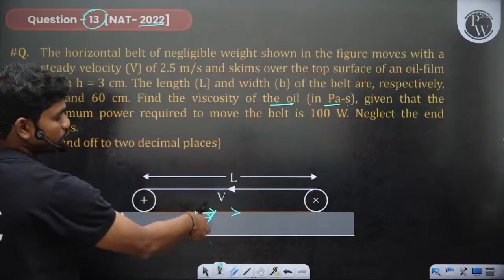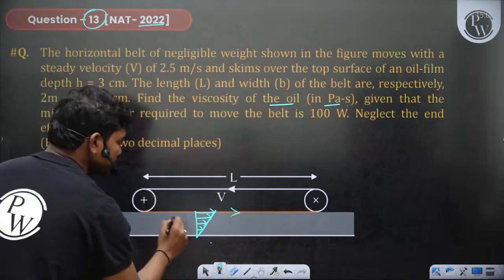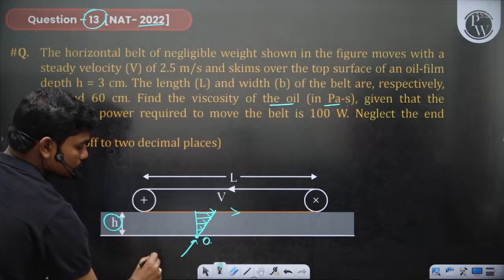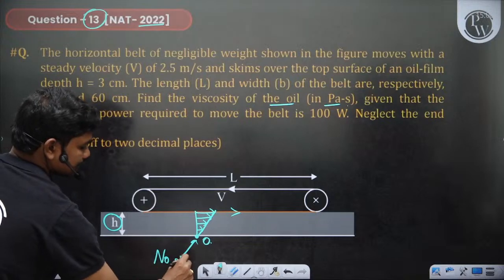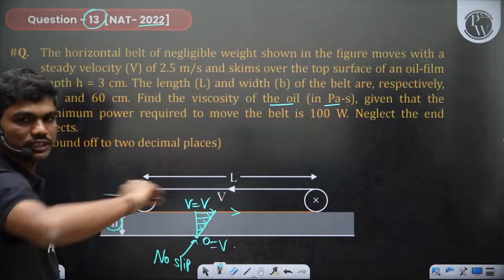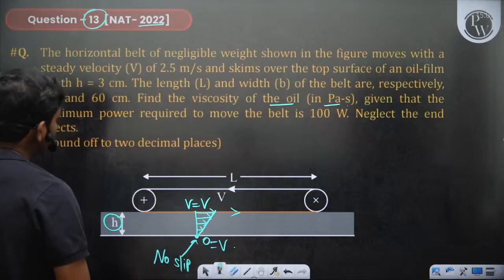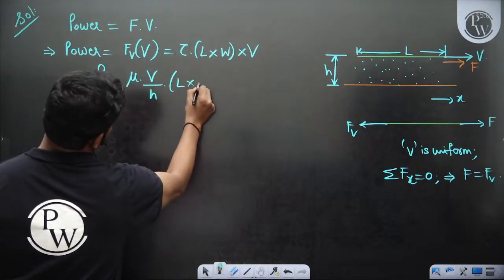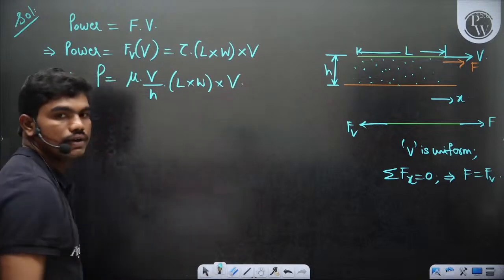For this linear velocity profile, if this height is h, here the velocity is 0 because of no slip, and here the velocity is v, the velocity of the fluid layer which is moving. So tau is mu v by h, and P is mu v by h into L into W into V.